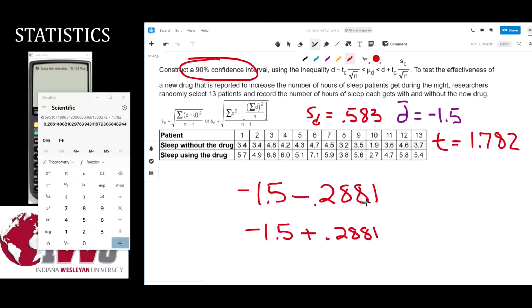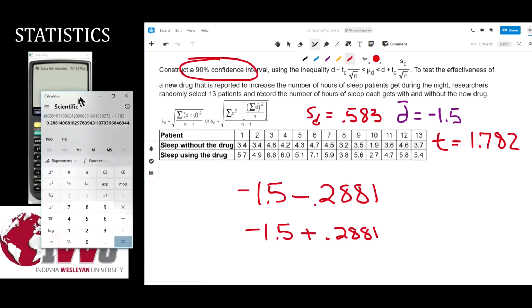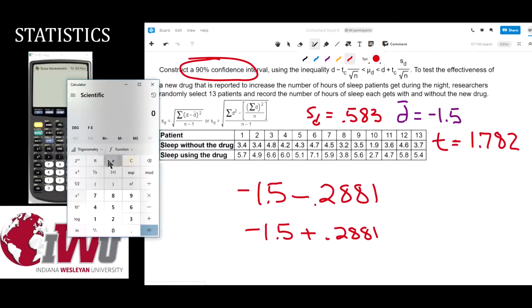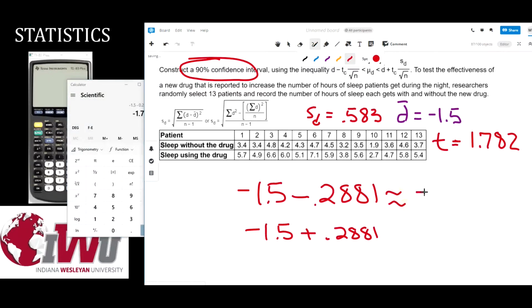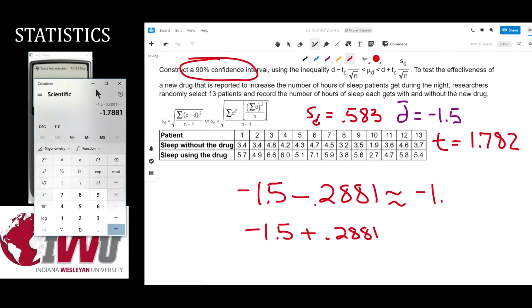And these are going to give us our values for our interval. So let's go ahead and get those. We end up with negative 1.5 minus the 0.2881. So that's approximately negative 1.79.